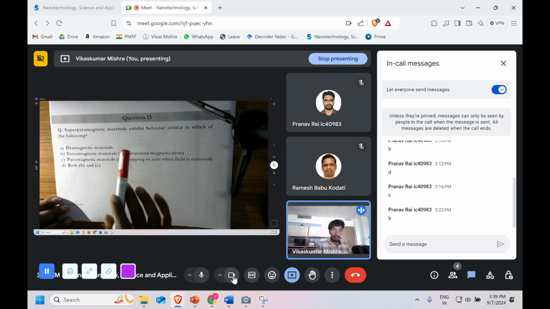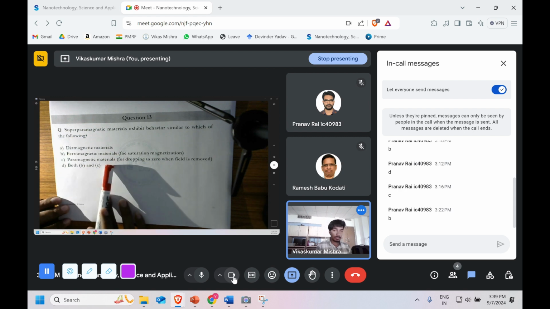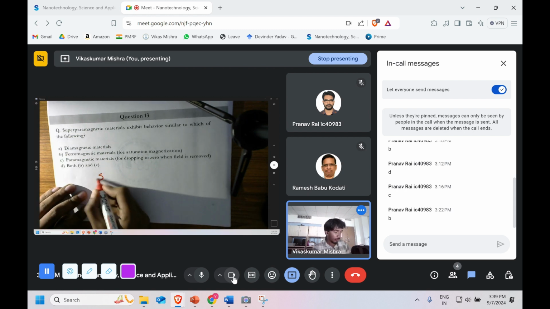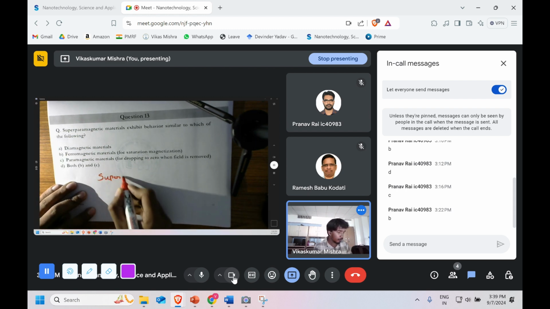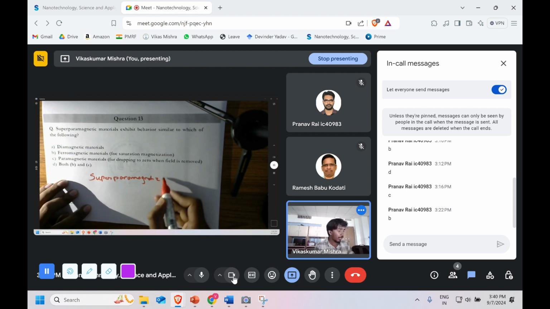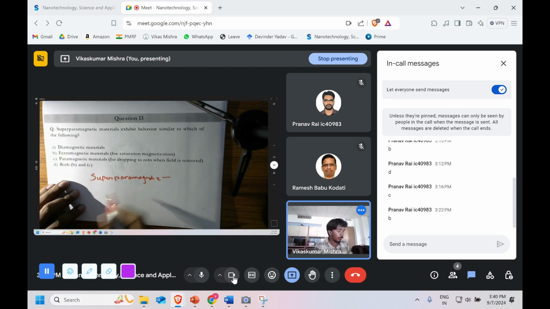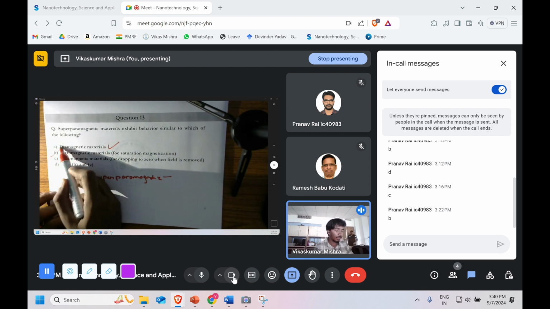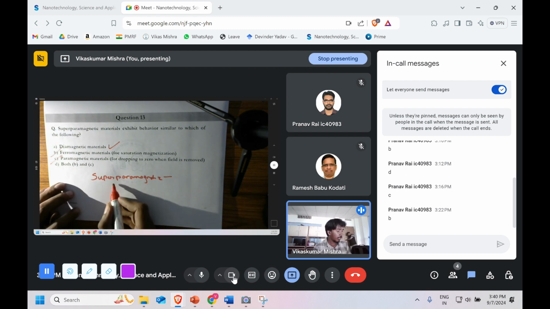Whether it's a diamagnetic type or ferromagnetic or paramagnetic or ferro and para. We have the superparamagnetic with us, and we want to know whether it's diamagnetic, ferromagnetic, or paramagnetic.